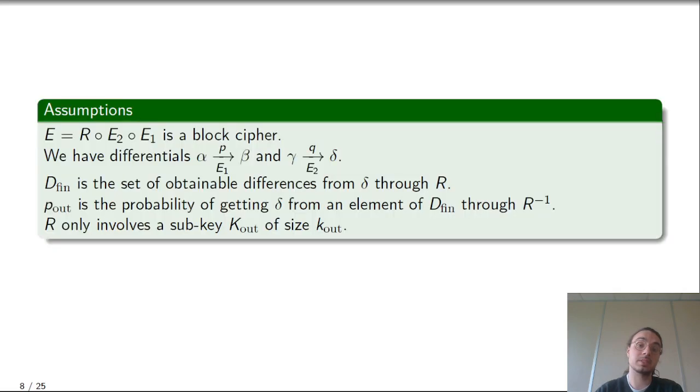For that we will use an additional run on the block cipher. On this additional run we will know the set of obtainable differences from delta through this additional run, and p out the probability of getting delta back from an element of this set. And we will also assume that this additional run only involves a subkey of the whole key.